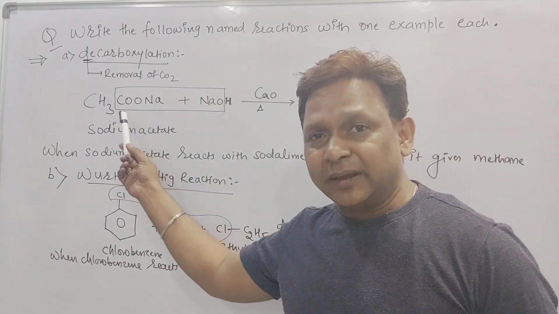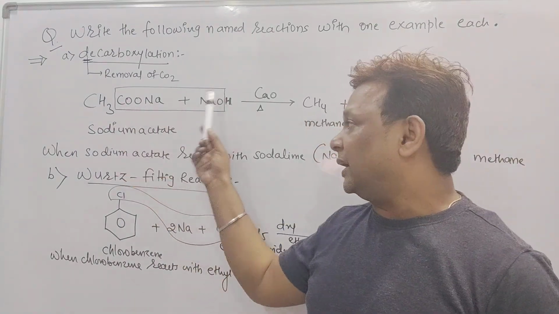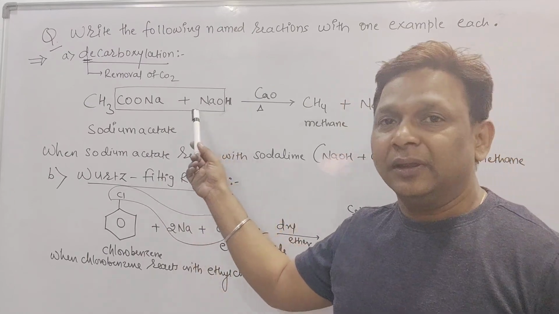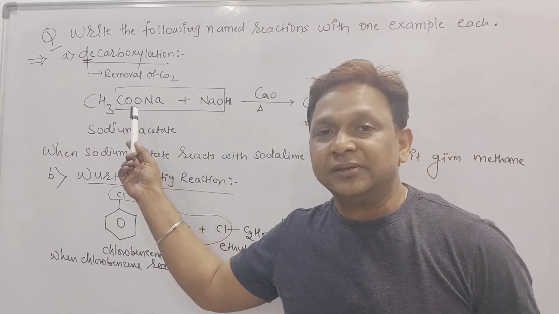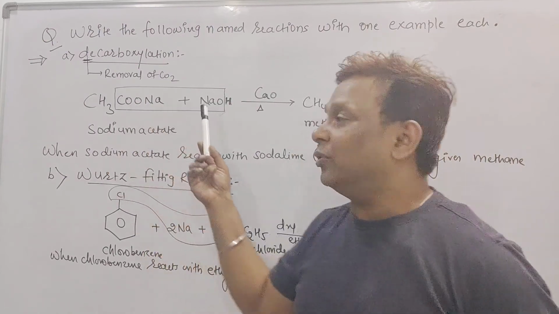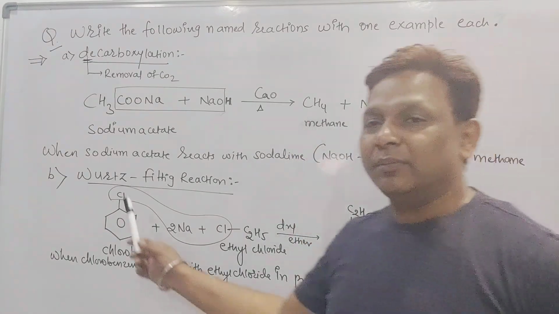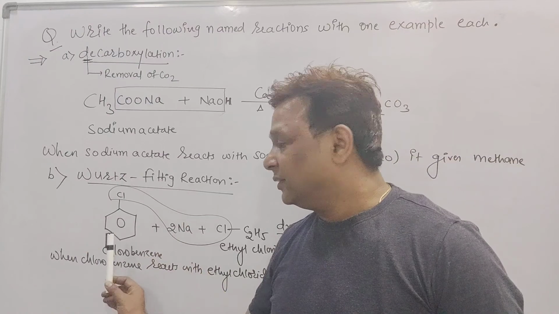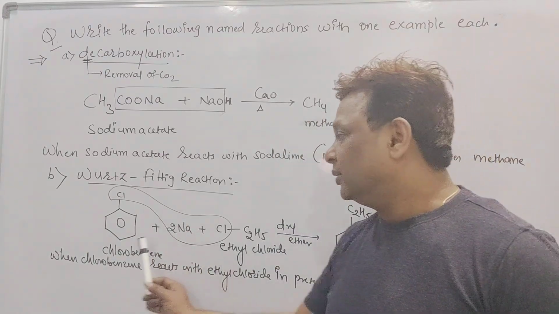So when sodium acetate CH3COONa is heated with soda lime, it gives rise to methane. We can see the reaction, beta. CH3COONa plus NaOH in presence of CaO gives rise to CH4 plus Na2CO3. But what is the Fittig reaction? We have to take chlorobenzene and ethyl chloride.